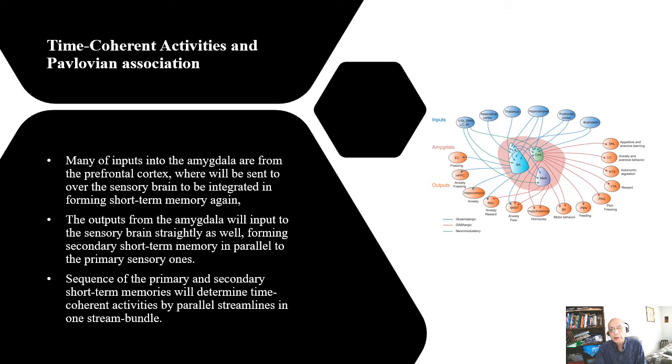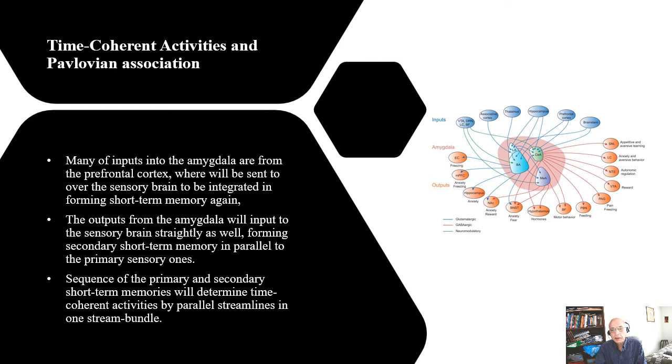So there are two parallel short-term memory formations, one especially from the prefrontal cortex and second one from the other parts of the cortex as well as the other brain parts. A sequence of the primary and secondary short-term memories is determined by how much they are happening at the same time.